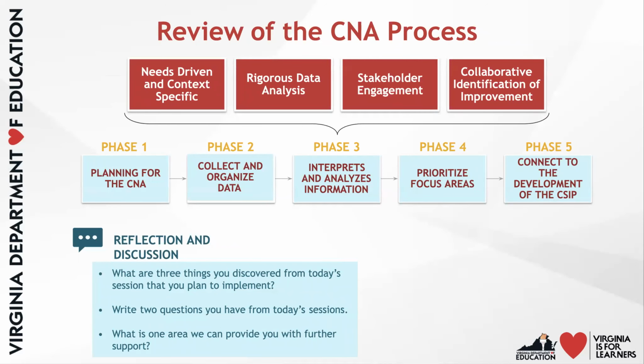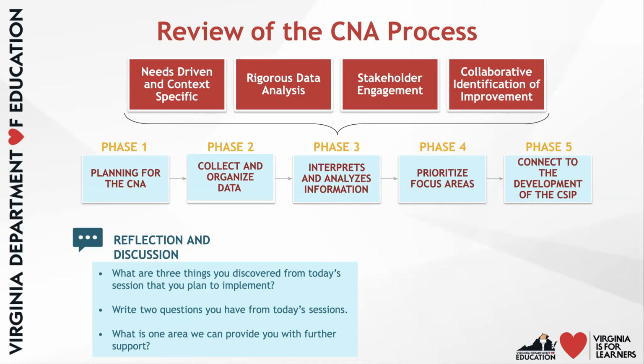So we have just walked through the 5 phases of the CNA. Phase 1 was planning for the CNA. Phase 2 was collect and organize data. Phase 3 was interpret and analyze information. Phase 4 was to prioritize your focus areas. Phase 5 was to connect to the development of the CSIP.